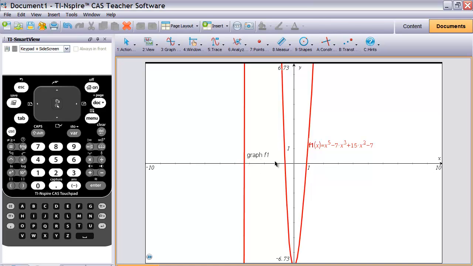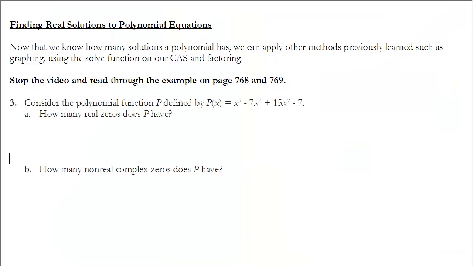So you'll notice that it intersects the axis in exactly 3 places. It's going right through the axis, so we know those are probably of degree 1. So we know that there are 3 places where it intersects, therefore there are 3 real zeros. So the answer to this question is there are 3.